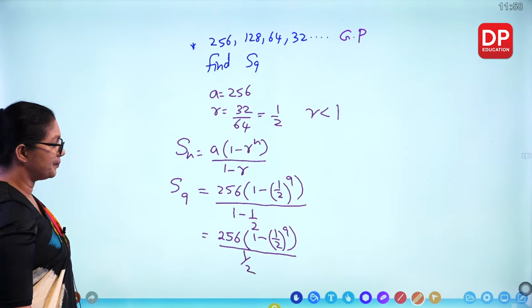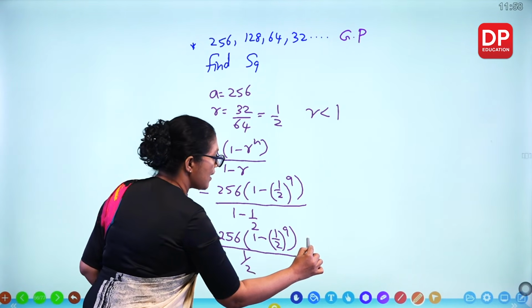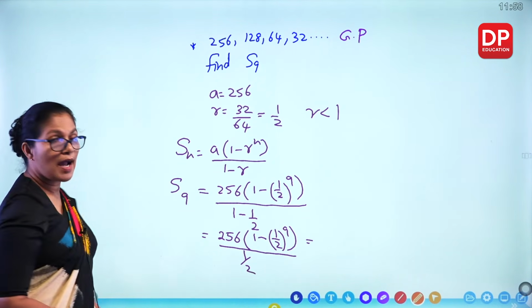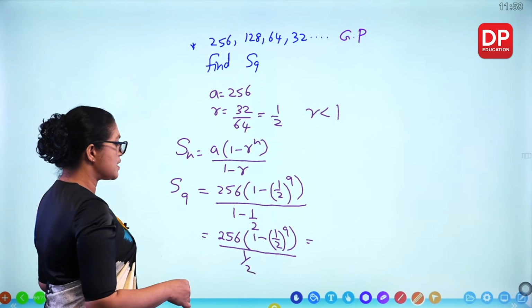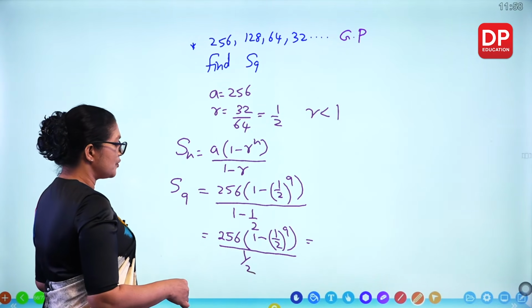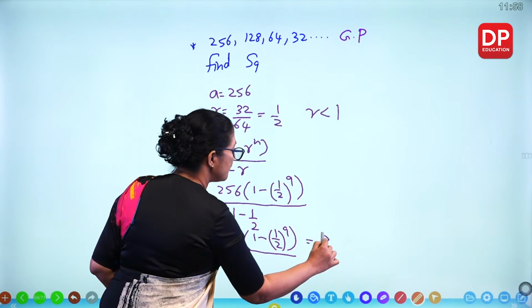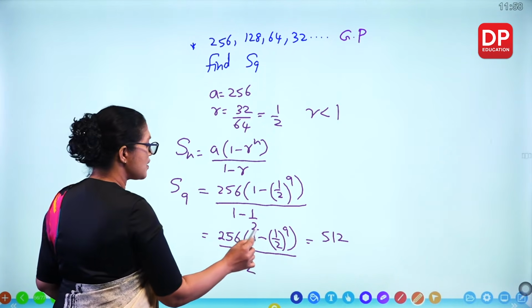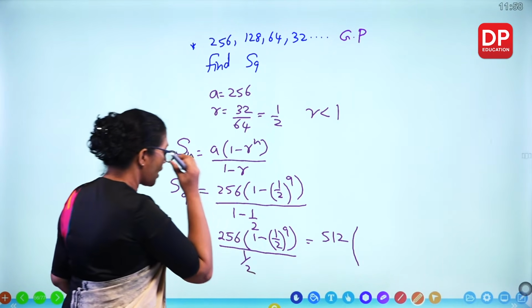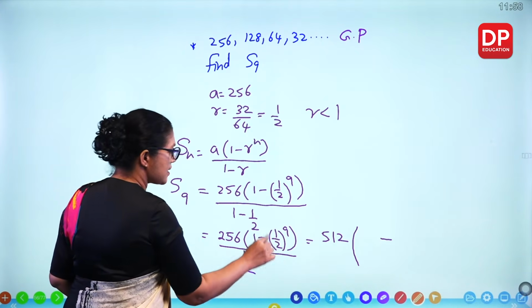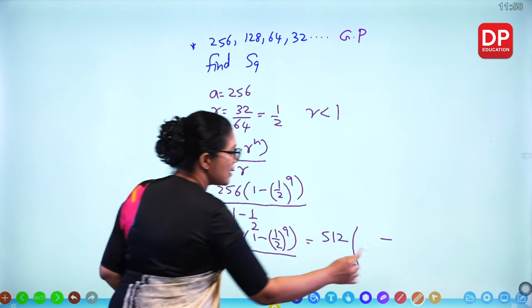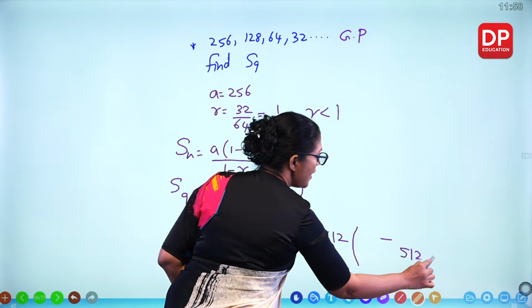So what's the value? Dividing by half means multiplying by 2. 256 multiplied by 2 is 512. This one, I get 1 minus 2 to the power 9, which is 512.